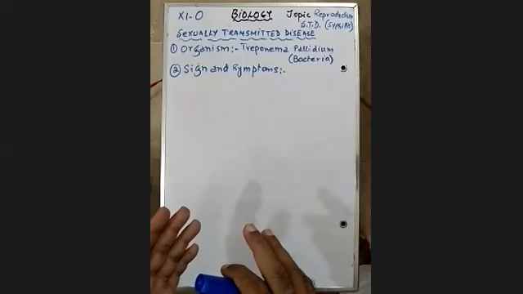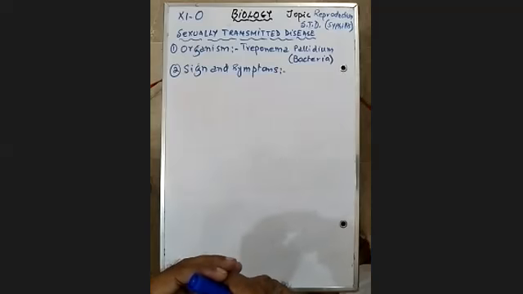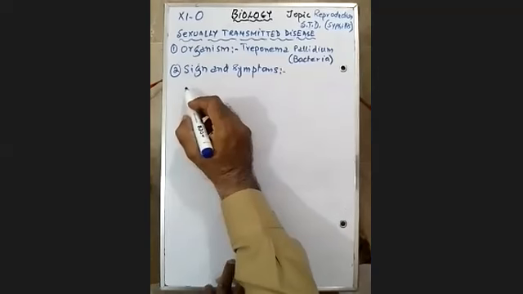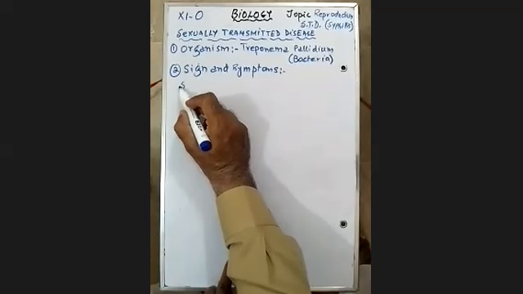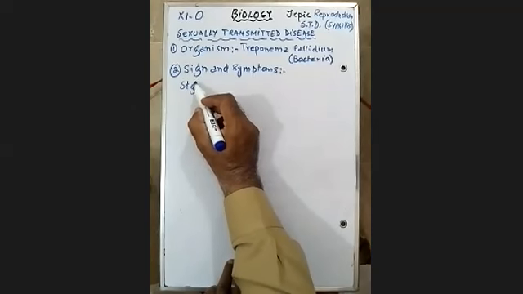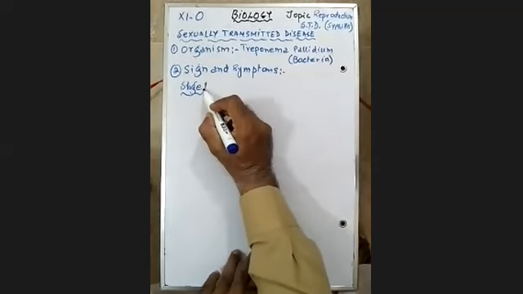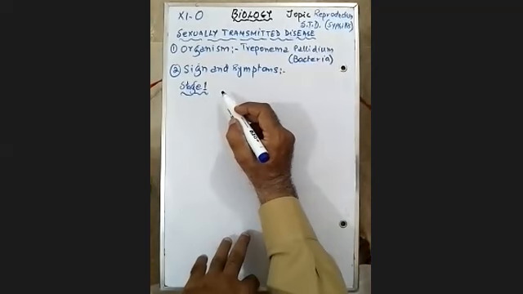Now the signs and symptoms of syphilis are in 3 stages. Stage number 1, the first stage. What happens in the first stage?